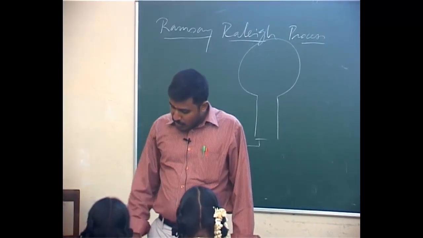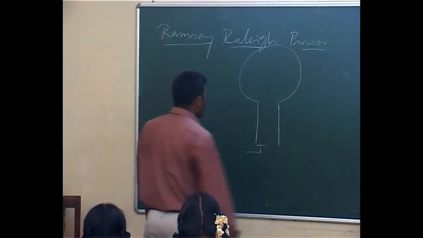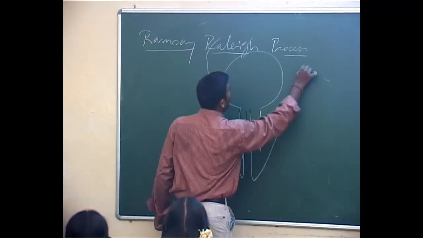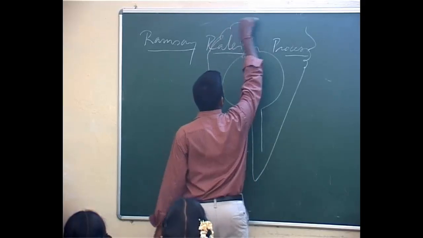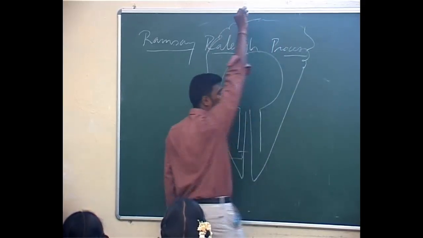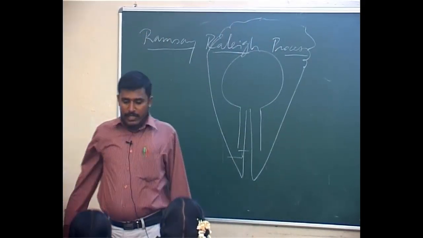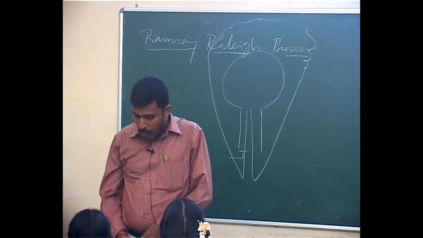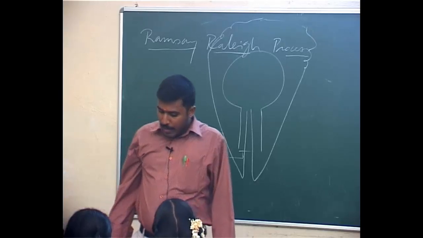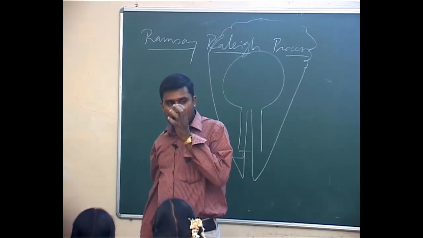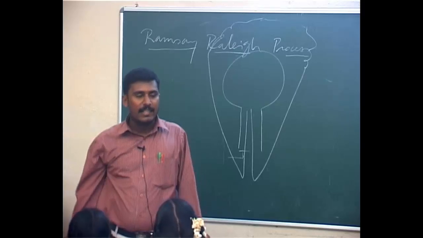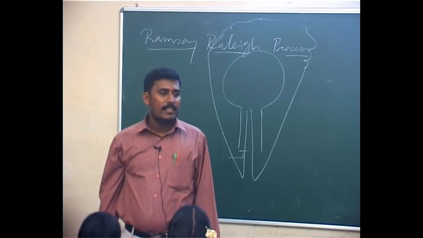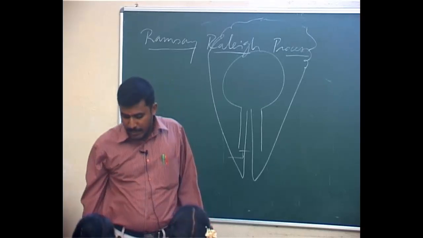Two platinum electrodes are introduced. They are connected with a transformer. It gives 6000 to 8000 volts. Now nitrogen and oxygen are converted into nitric oxide. Nitric oxide again reacts with excess air to form nitrogen dioxide.